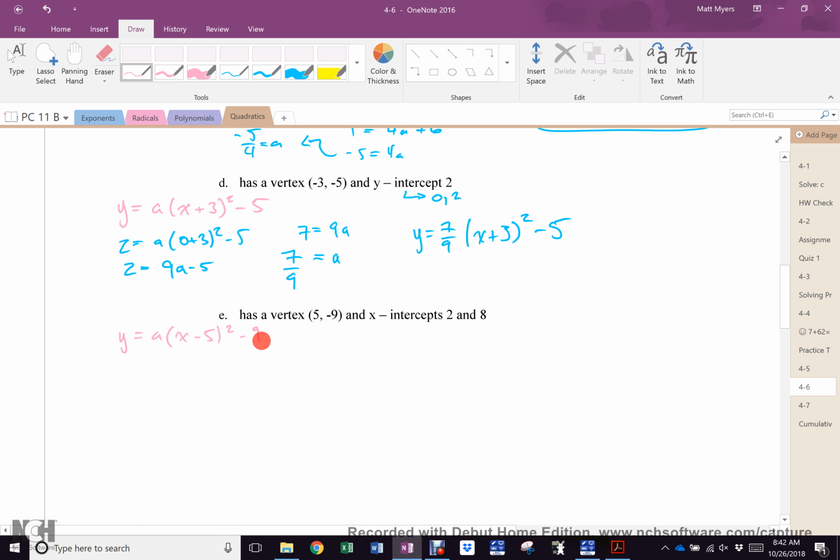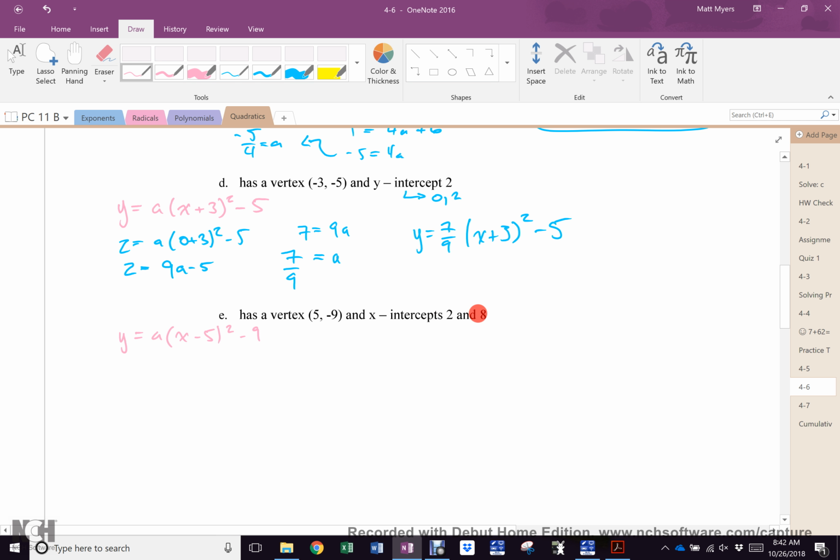What makes this yucky? The x-intercept has 2. They're x-intercepts. Does it matter that I've given you 2 of them? Yes or no? Of course not.